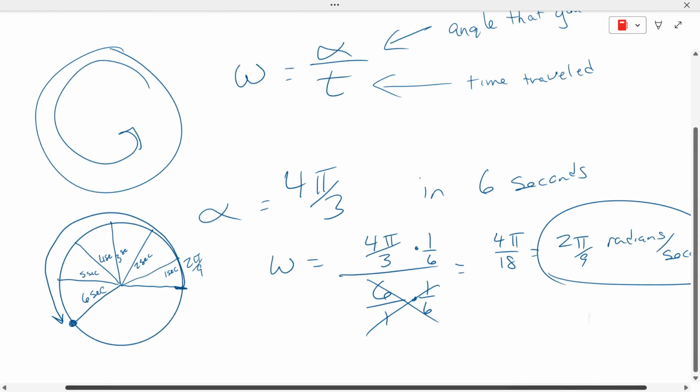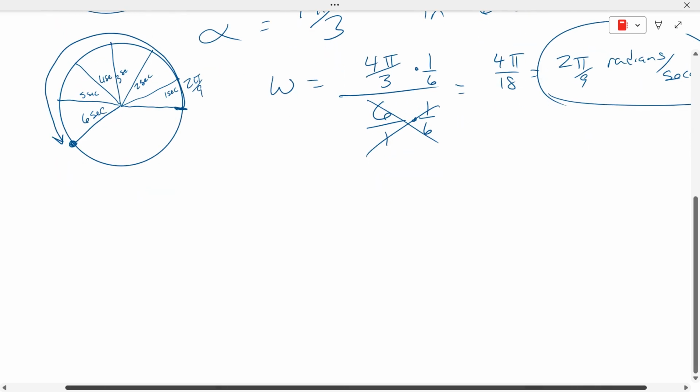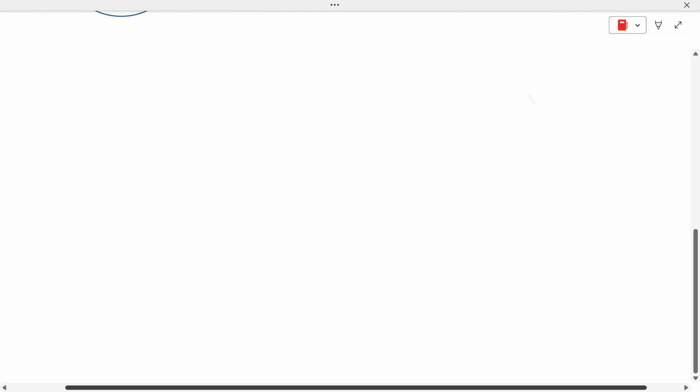Okay? Now, we don't talk about radians per second that much in the real world. You gearheads talk about RPMs. What does RPM stand for? Revolutions per minute. Okay?